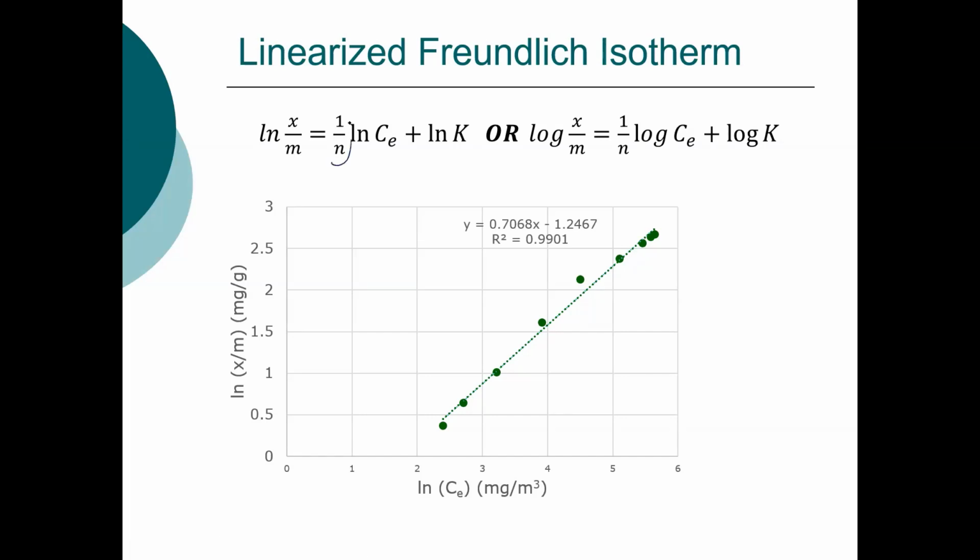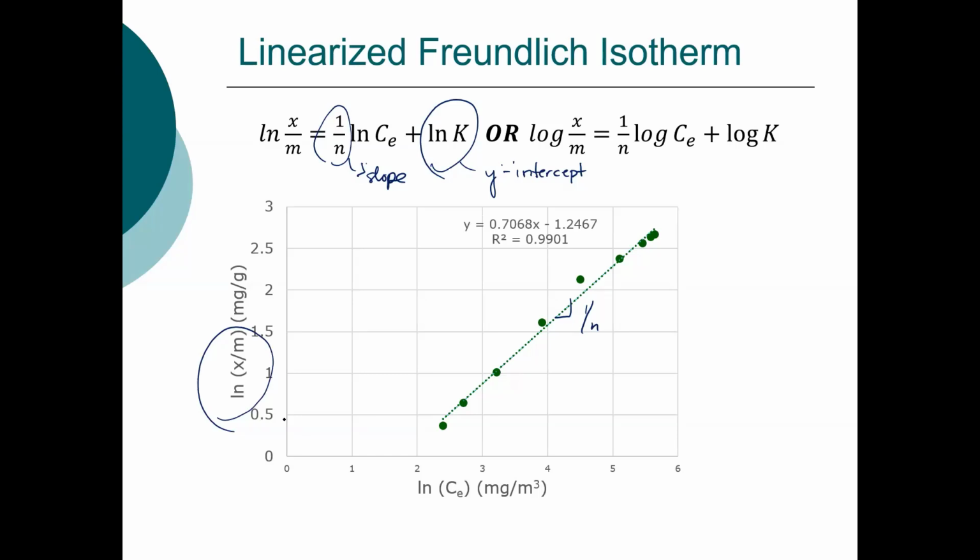So 1 over N is the slope, and the natural log of K is the y-intercept. And we can also plot this as log base 10. So you can either plot it as a natural log or a log base 10. In both cases, you're plotting the natural log or the log base 10 of X over M versus the natural log of the equilibrium concentration.